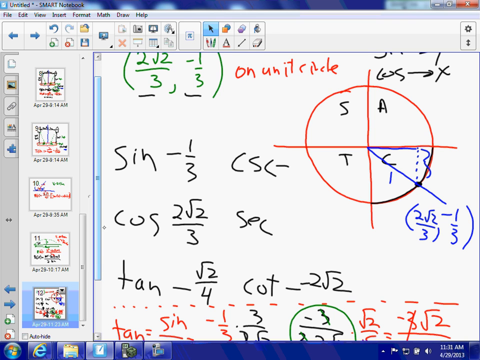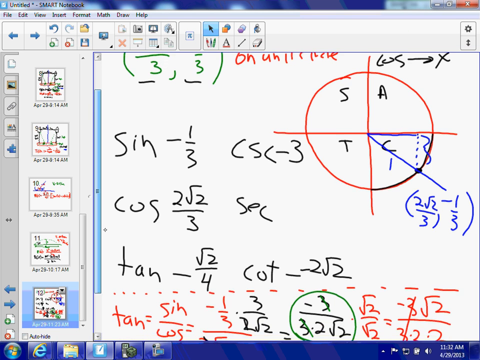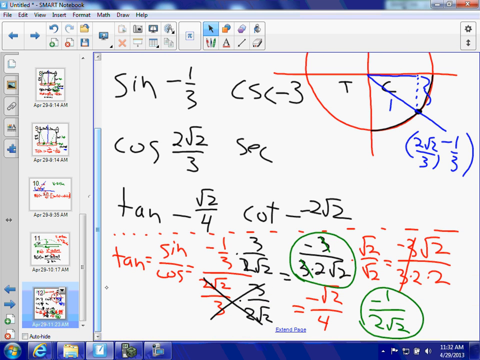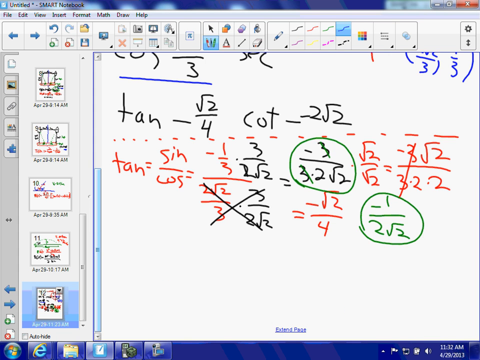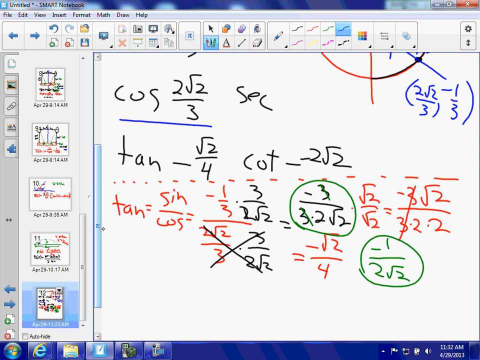My cosecant is the reciprocal of my sine, so my cosecant is negative 3. And my secant is the reciprocal of my cosine. So my cosine is 2 radical 2 over 3, but the reciprocal is 3 over 2 radical 2.